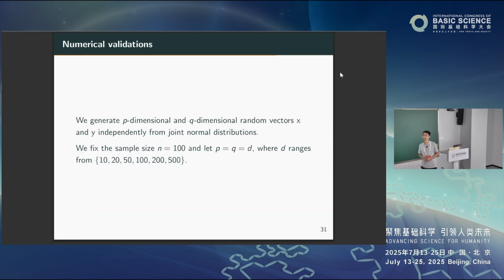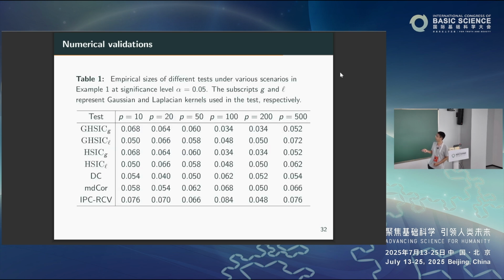Next, we perform several numerical studies. We first show that our test can maintain the type 1 error rate. We generate the p-dimensional x and q-dimensional y independently from the joint normal distribution. According to this table, this is our proposed data adaptive test.